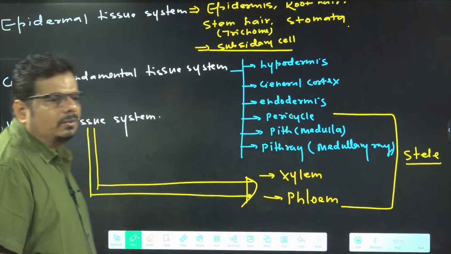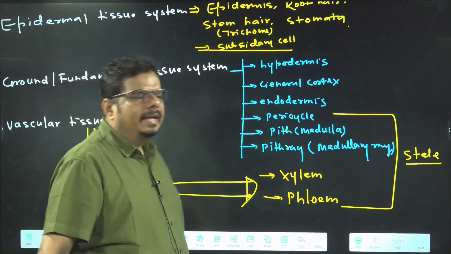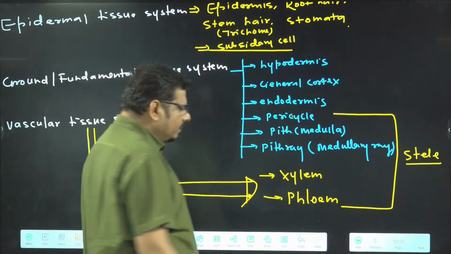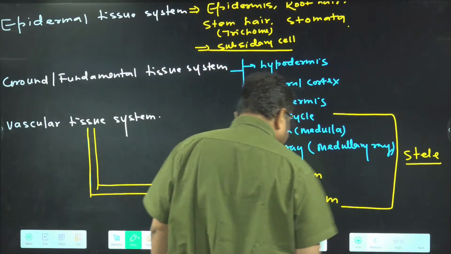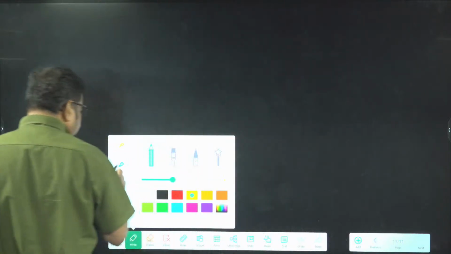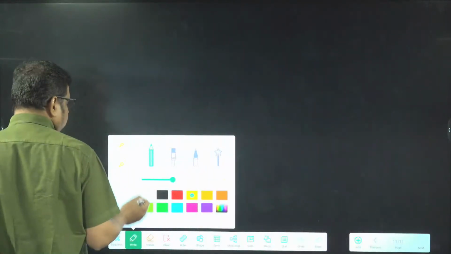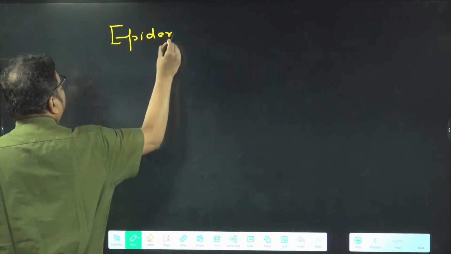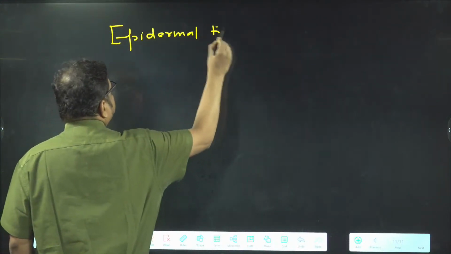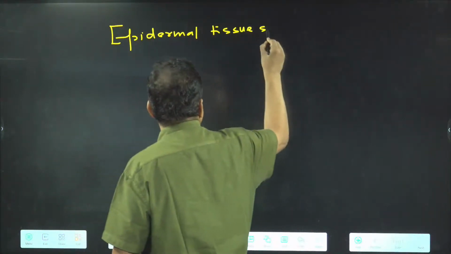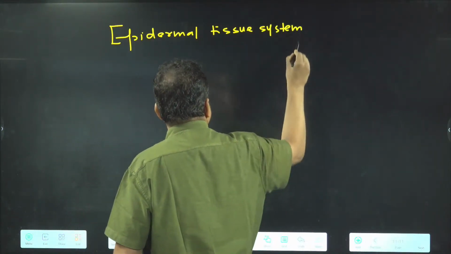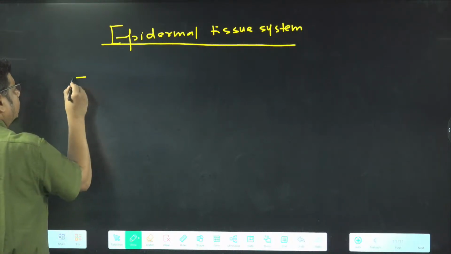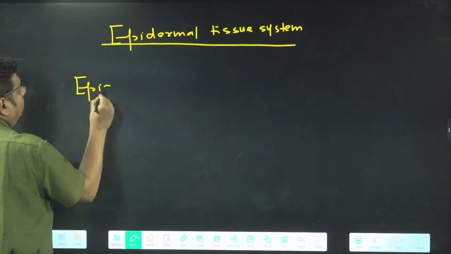Now we are going to deal with which tissue system? Epidermal tissue system. So if we talk about epidermal tissue system, first of all I am telling about epidermis.